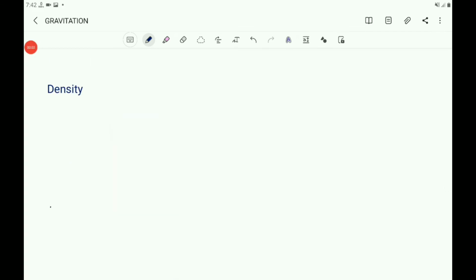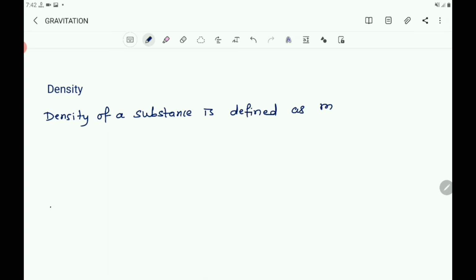So, then you write what is density. Density of a substance is defined as mass per unit volume.